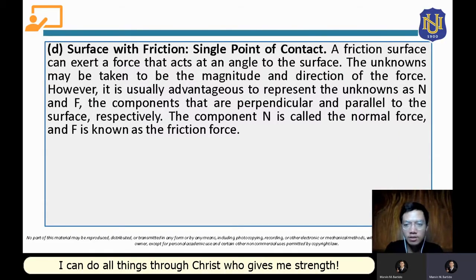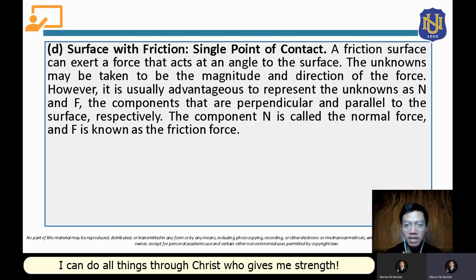So the fourth support that we're going to talk about is surface with friction. Here, we will consider the effect of friction, and because of friction, it will introduce a reaction force called friction force. A friction surface can exert a force that acts at an angle to the surface, no?